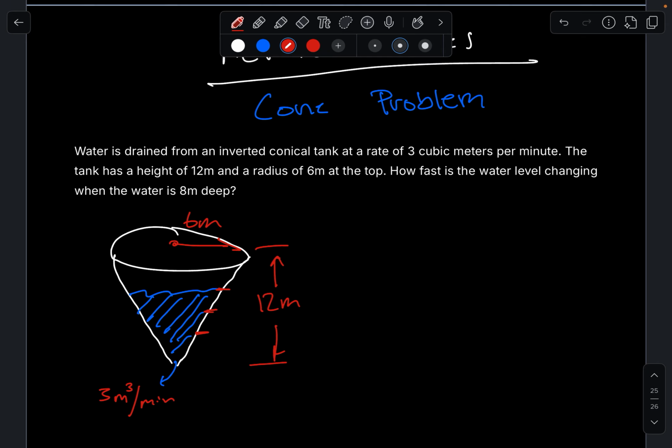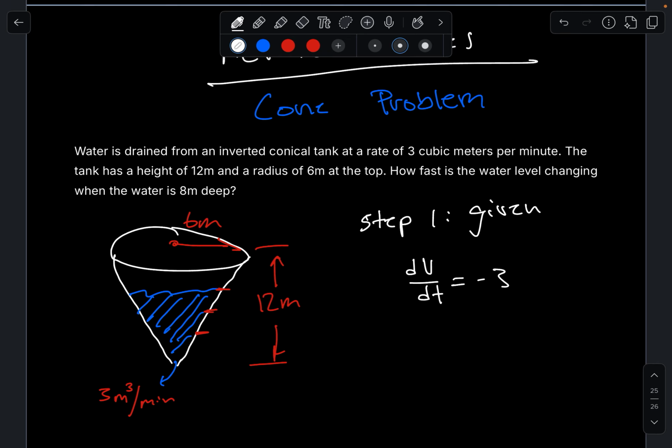So the first step we want to do is write down what we know, right? So step one, what is the given? Since the water is draining, the volume is going down. So I can write dV/dt, the change in volume over the change in time, is equal to -3. Negative because it's decreasing.